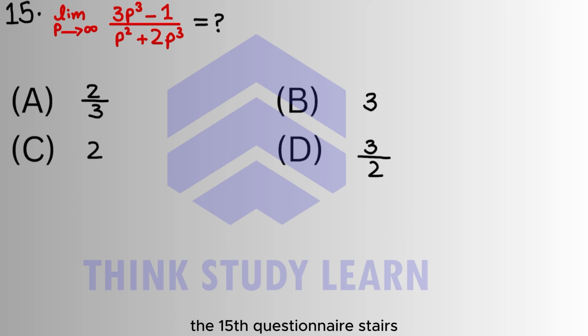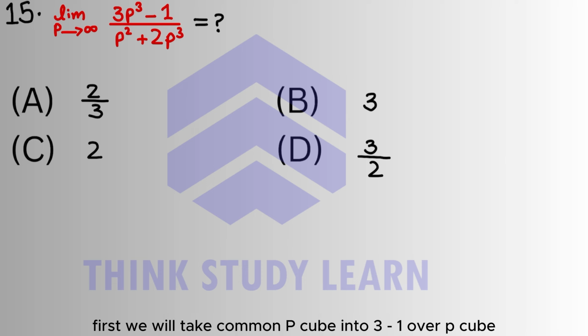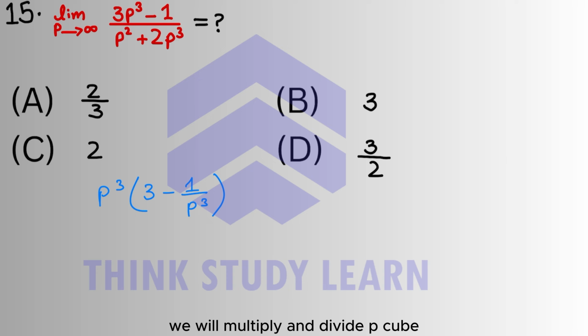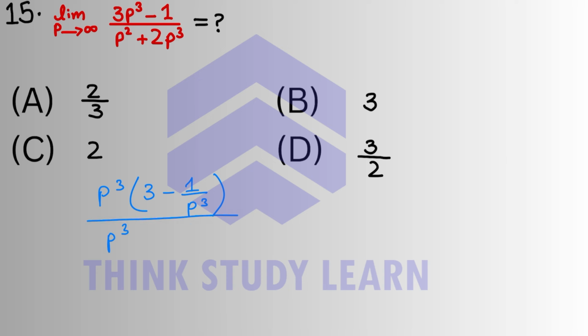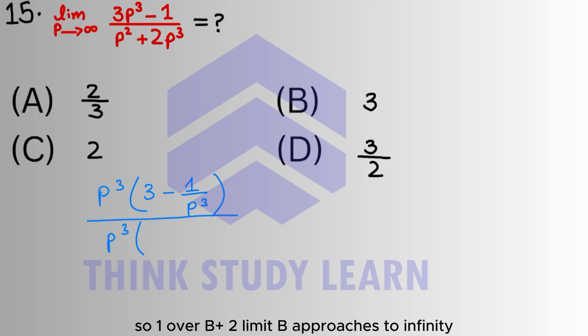The 15th question here states, find out the value of the limit as p approaches infinity of 3p cube minus 1 over p square plus 2p cube. So we will put the limit in the equation. Putting the limit, it will give us an infinity by infinity form. So first we will take p cube common, p cube into 3 minus 1 over p cube. We will multiply and divide by p cube in the denominator, so 1 over p plus 2, limit p approaches infinity.